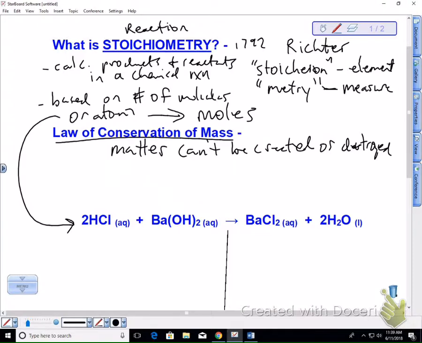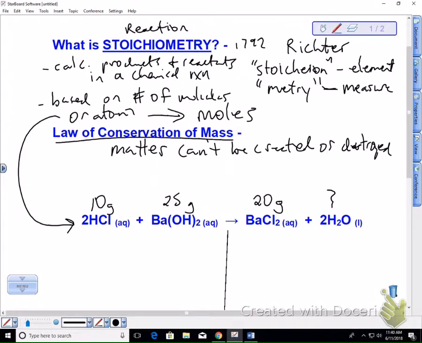So here's an example, taking the same reaction. If I started out with, I'm just making these up by the way, these numbers are probably not even that accurate, 10 grams plus 25 grams, for example. If at the end of this reaction I measured 20 grams of the barium chloride, and I also examined to make sure I didn't have any extra reactants left over, then I would be able to figure out how much mass of water I would make.